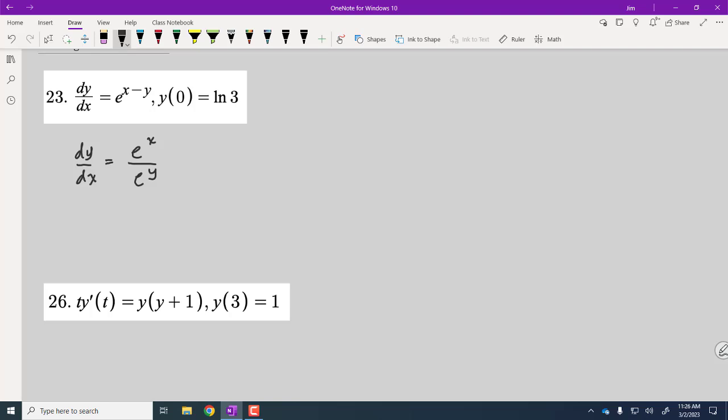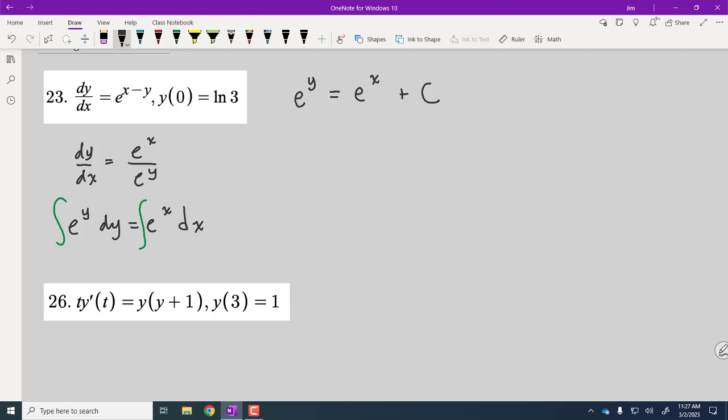And now we can cross multiply pretty easily, and we get this. That is our separation of variables. Here's where we integrate both sides. On the left side, the integral of an exponential is itself. On the right, the integral of an exponential is itself. Then we have our constant of integration, one constant of integration.